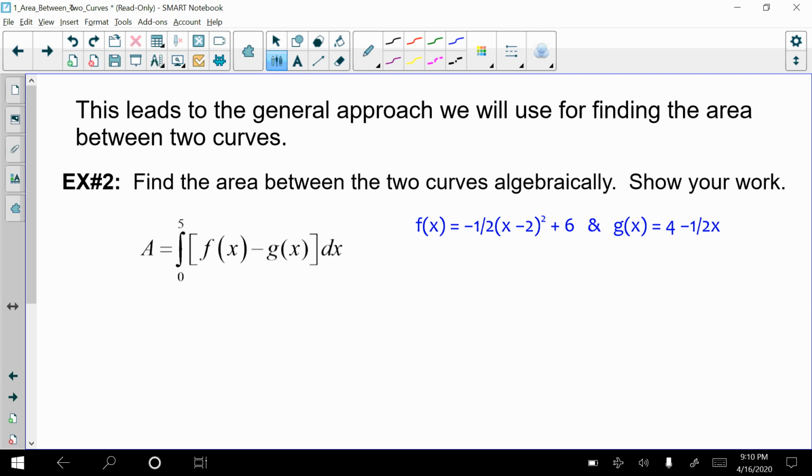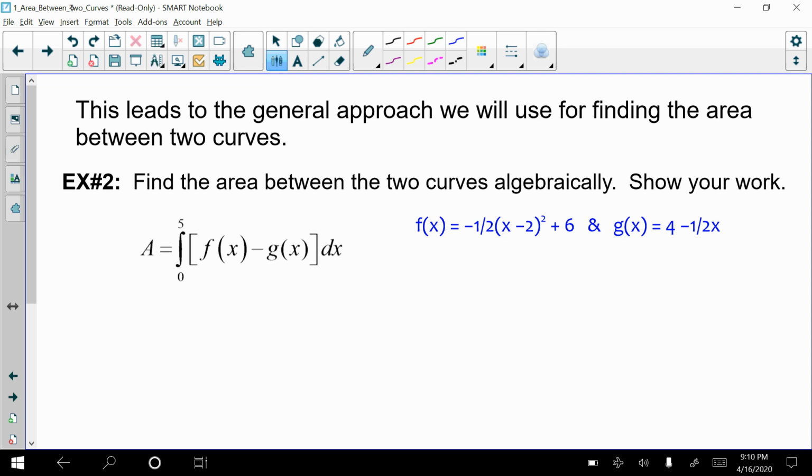Well, what we're going to look at here is the same two functions over the same interval, and the two functions are typed for you here in case you happened to have missed the first video. We had function f, that was the quadratic, and function g, which was the linear function.